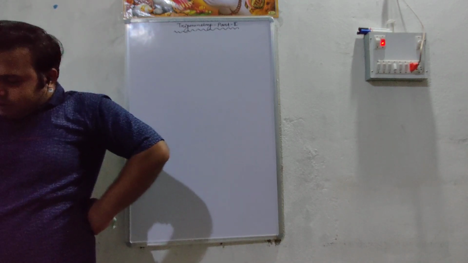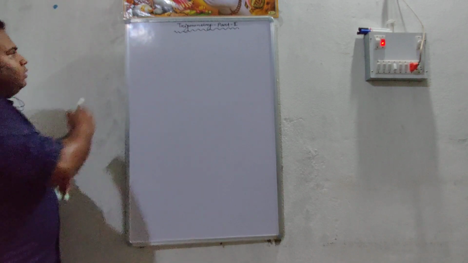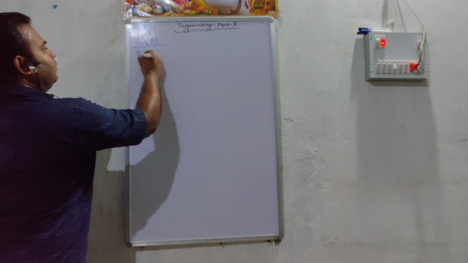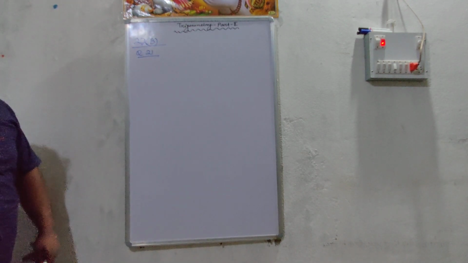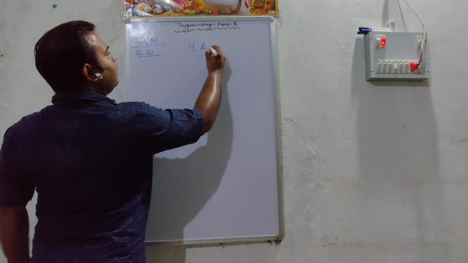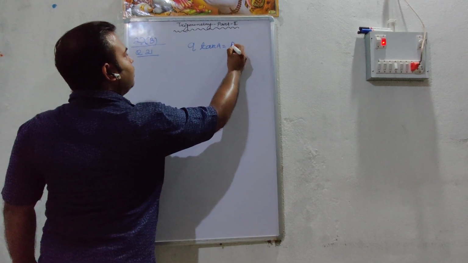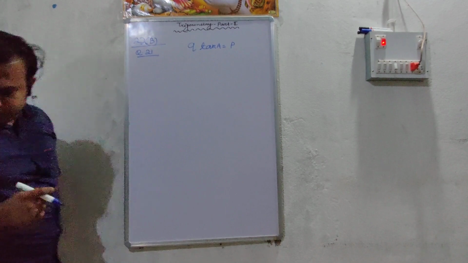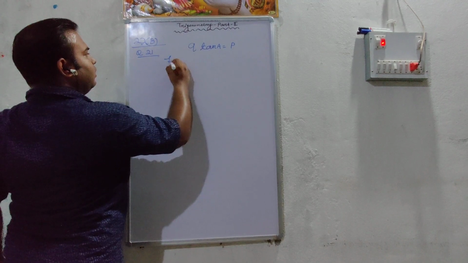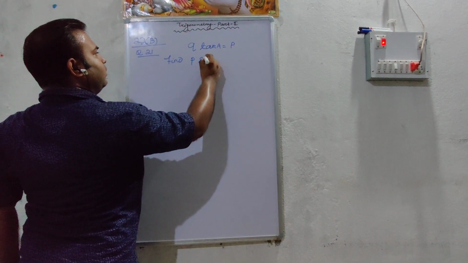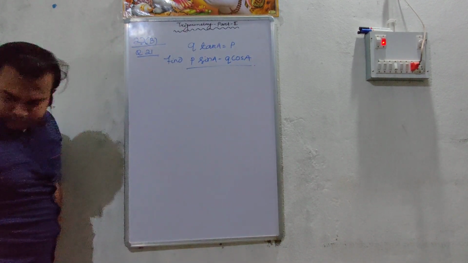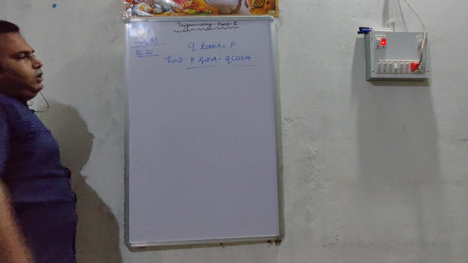Again, one question here, like that question, 21 number. The question is given that if Q tan A equals P, find the value of (P sin A minus Q cos A) whole divided by (P sin A plus Q cos A).